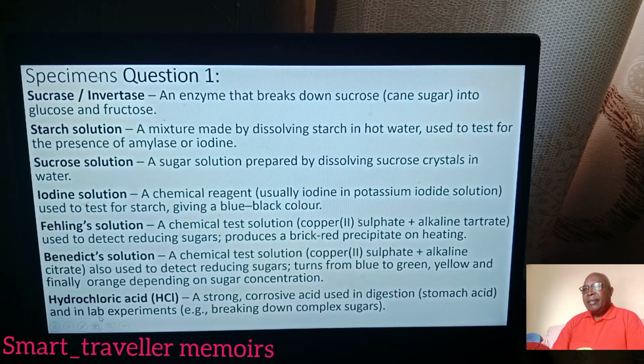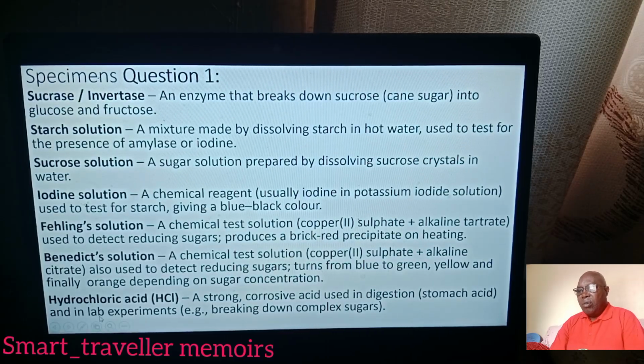Here, I want to elaborate what the specimens are all about. Sucrase or invertase is an enzyme that breaks down sucrose, or cane sugar, into glucose and fructose.